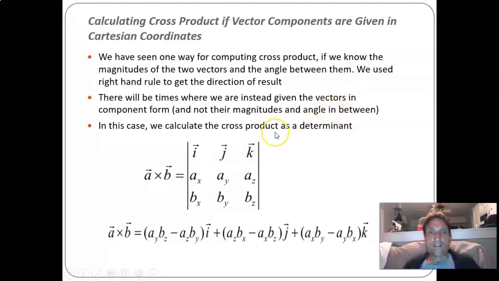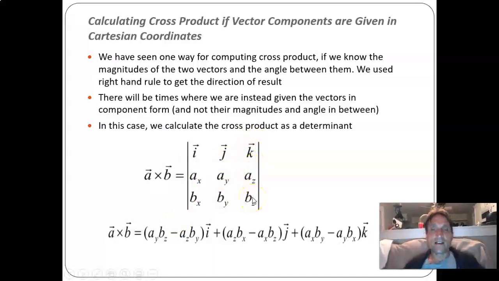So if you have a vector A, and A has components AX along the I direction, AY along the J direction, and AZ along the K direction, and then you have another vector B which has a component BX along I, a component BY along J, and a component BZ along K, the cross product is by definition the determinant of this matrix.